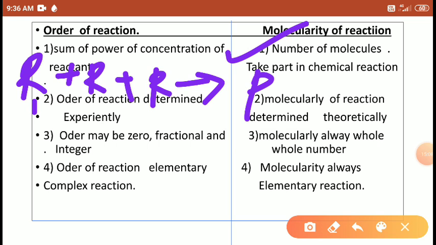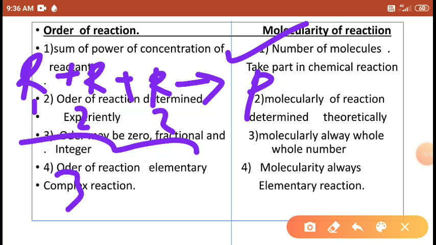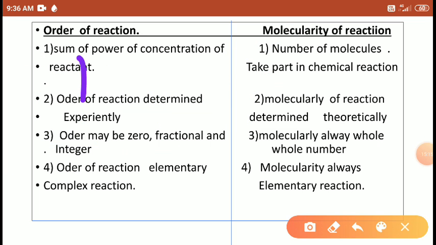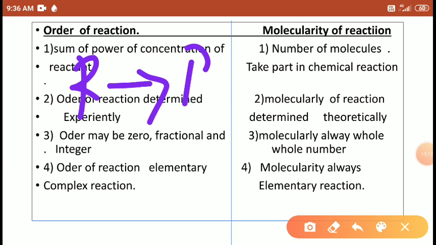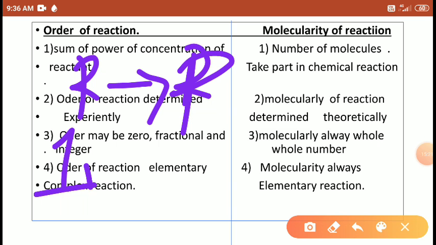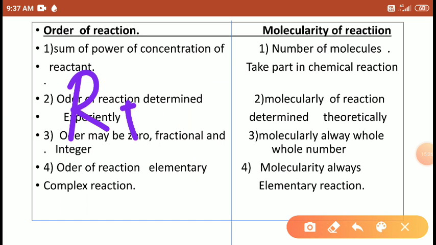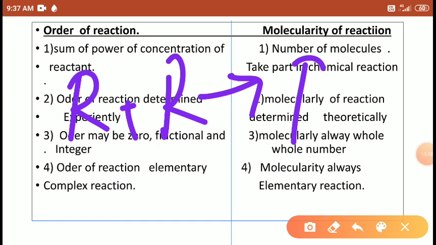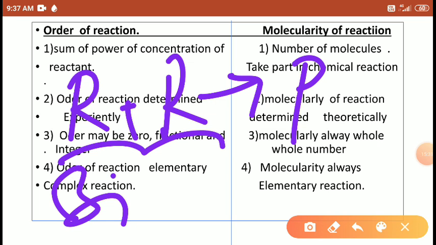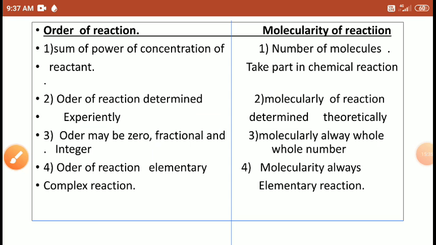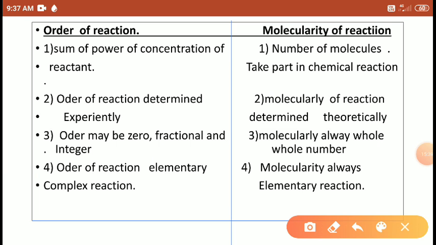So how many reactants here? 1, 2, 3, a trimolecular reaction. If only one reactant is present to form product, that is a unimolecular reaction. If two reactants are present to form product, that is a bimolecular reaction. The stoichiometric number here is what we call the molecularity of the reaction.